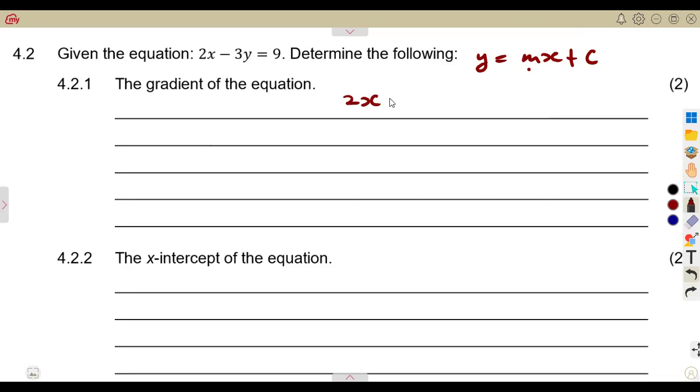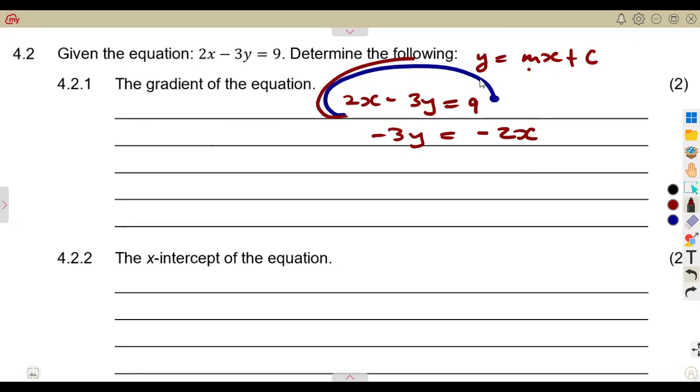So we are given 2x minus 3y is equal to 9. Let's solve for y. We can take the 2x to the other side. It jumps the equal sign, becomes a negative. Minus 3y is equal to minus 2x. It was a positive, so it will be minus. There's a plus 9 there.